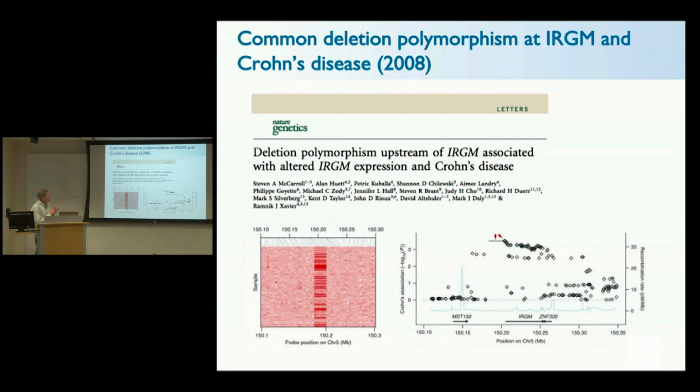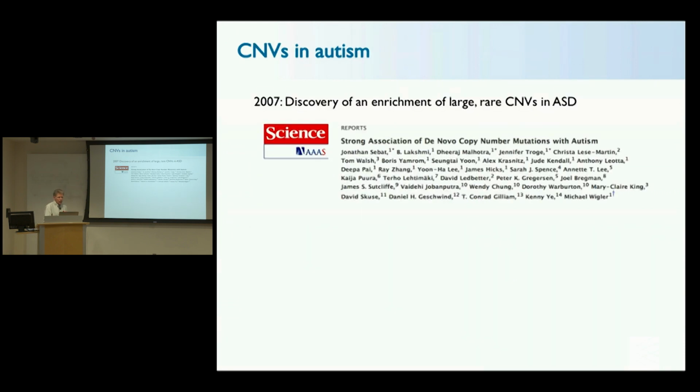This deletion polymorphism seemed to hit a promoter of RGM. It affected gene expression and was associated with Crohn's disease. That's one example of a way, kind of like with a SNP, you find a variant and it's related to disease with some level of penetrance and kind of this one-to-one relationship.